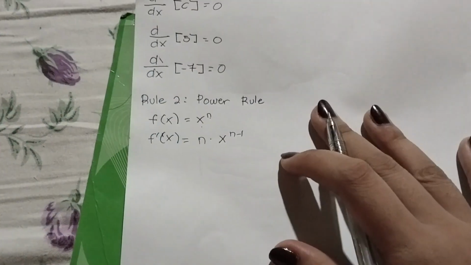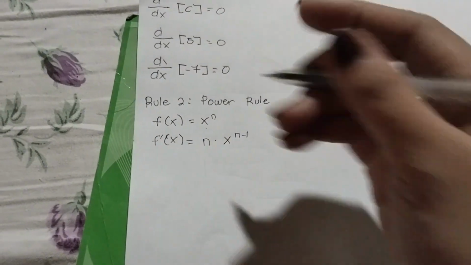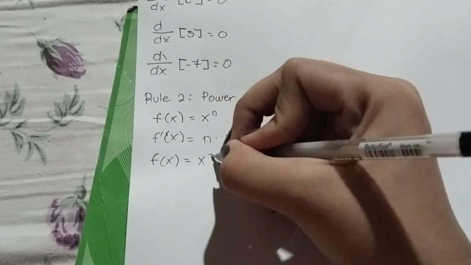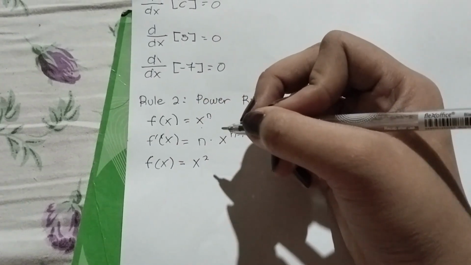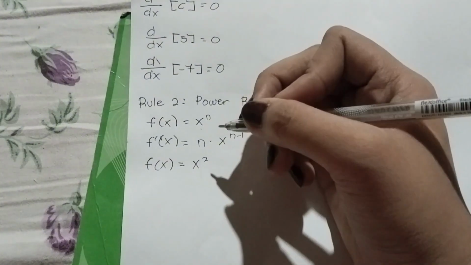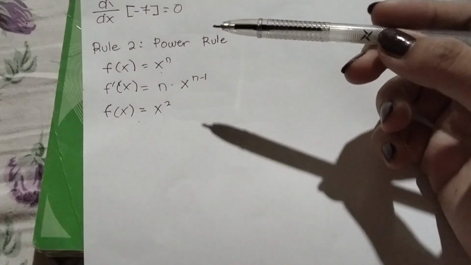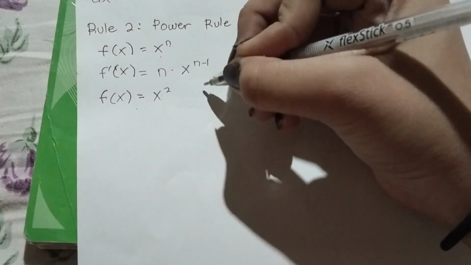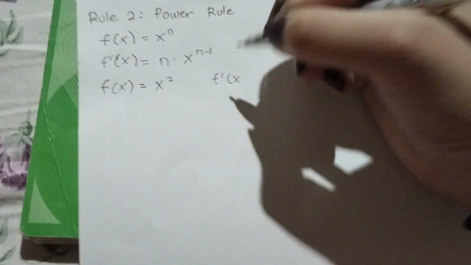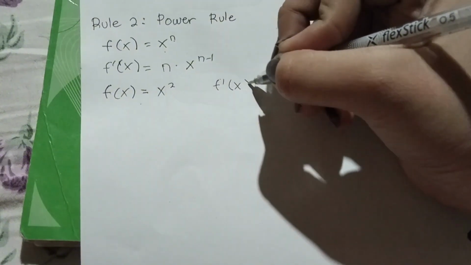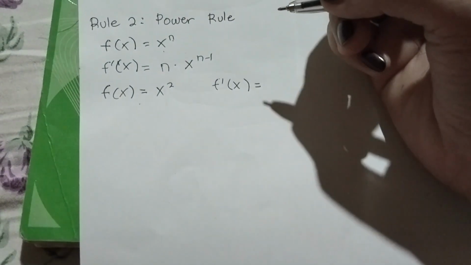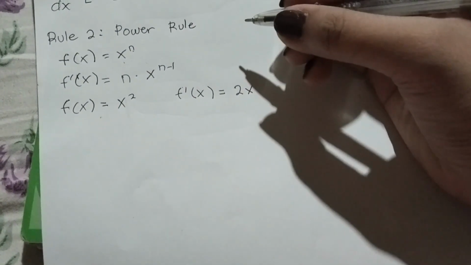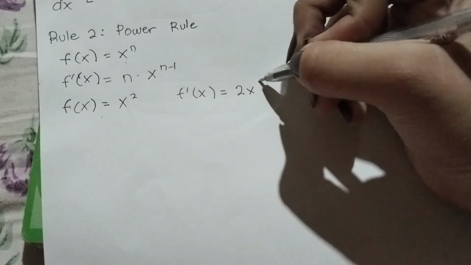For example, if f of x is equal to x squared, then for the first derivative, we take the constant, move it to the front, so it's going to be 2 times x raised to the 2 minus 1.